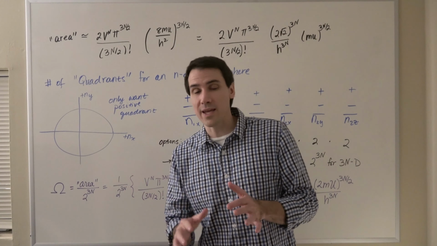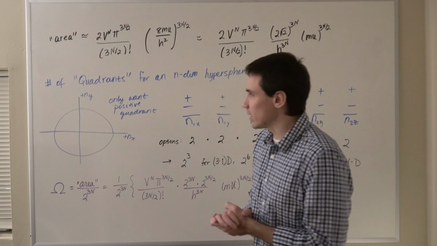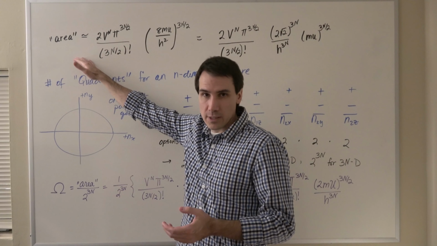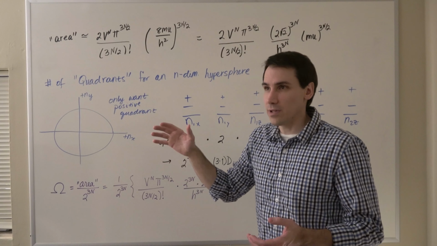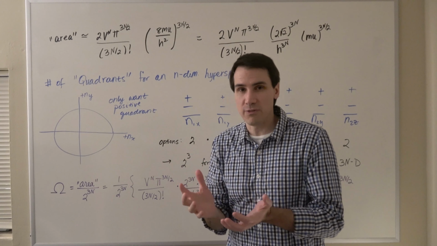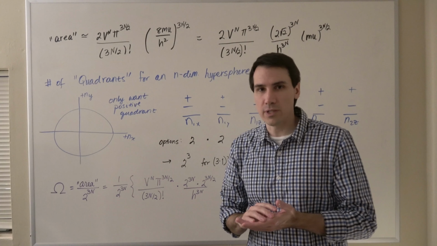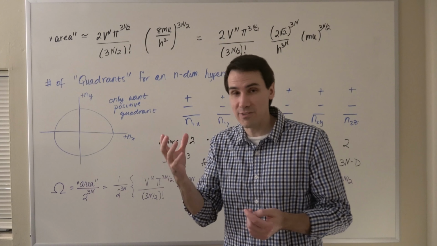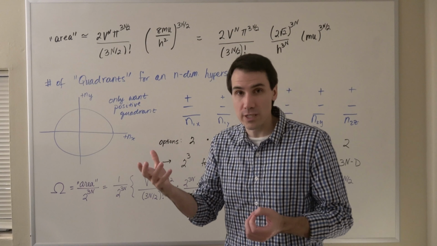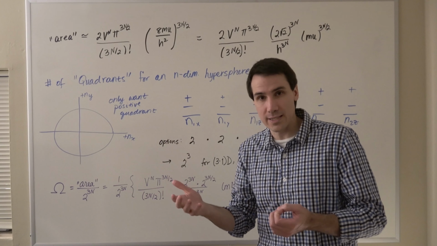And we're almost there. The problem is that our area formula takes into account the area of the full sphere, whereas we only want the area of the sphere that corresponds to positive values of our energies, our nx, ny, nz.